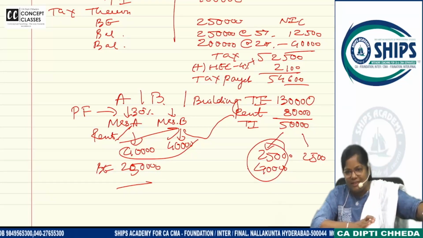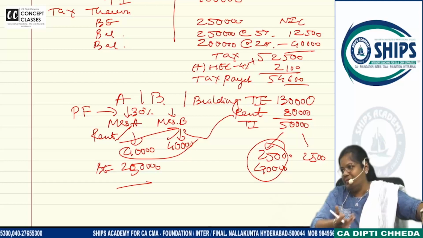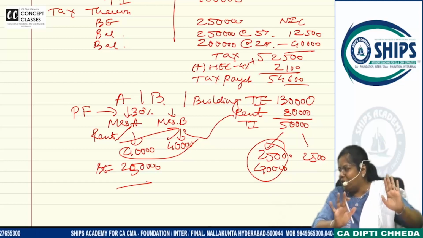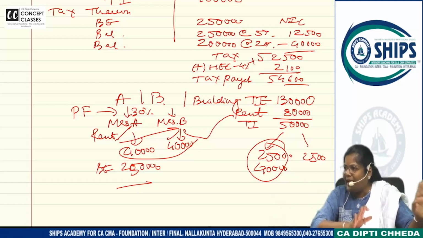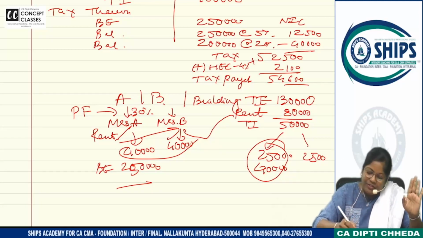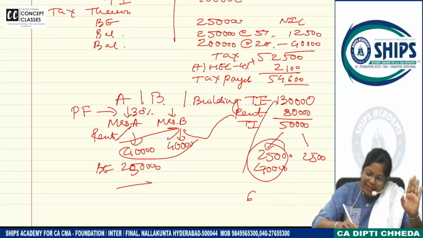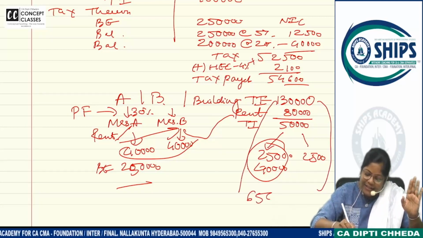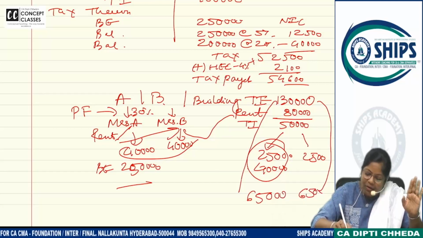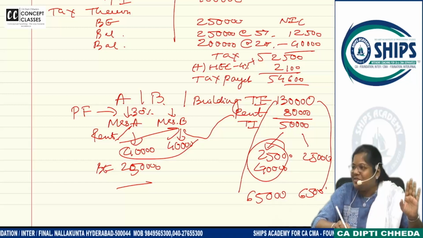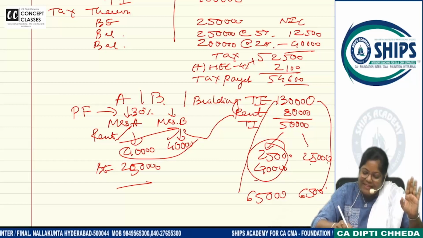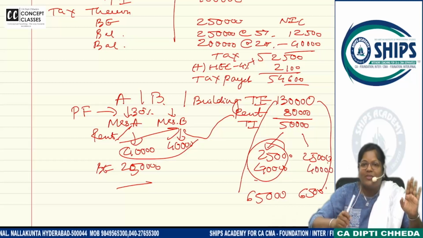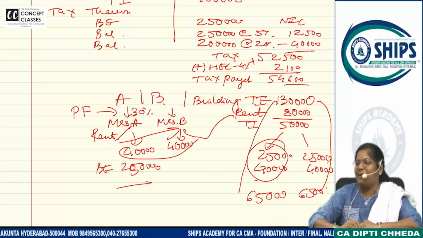Finally, 65,000 is coming home, no? Simple. You want 65,000 to go to the home of A and B individually. So whether A and B get half of 130, that is 65, or A and B get 25,000 profit and Mrs. A gets 40,000, what difference does it make?